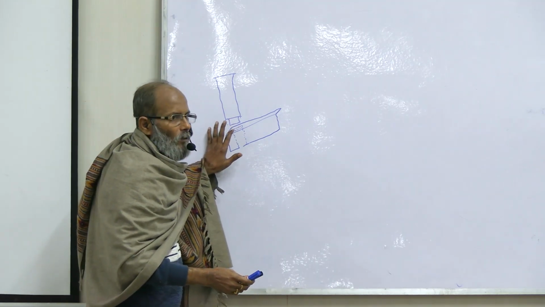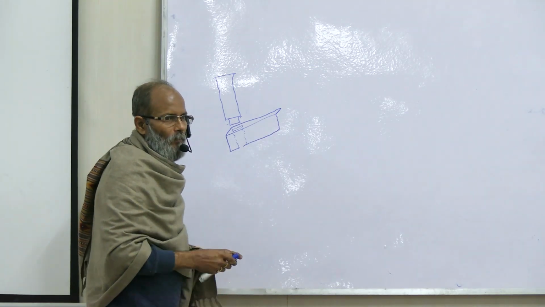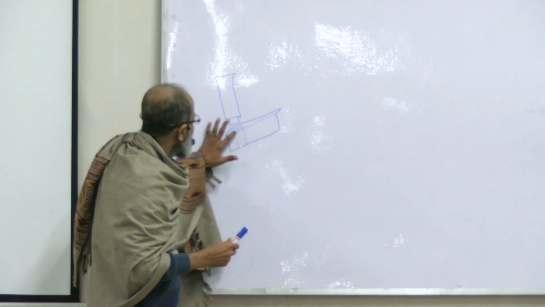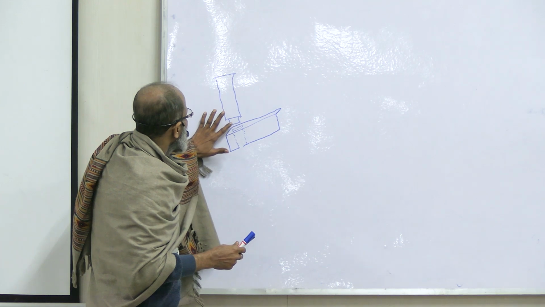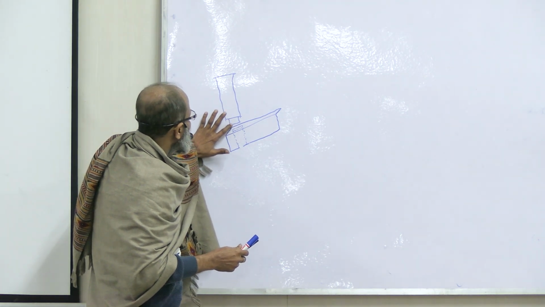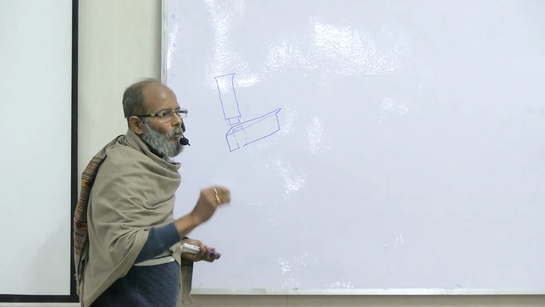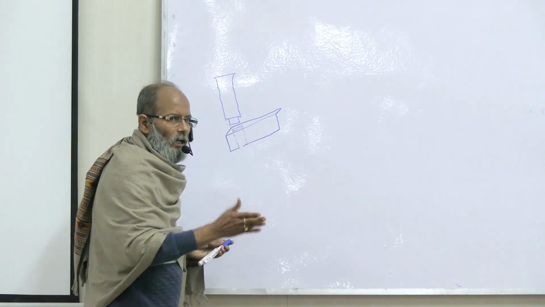The middle part of this wood piece is taken out by chiseling. Similarly, the external part of this is taken out by chiseling.